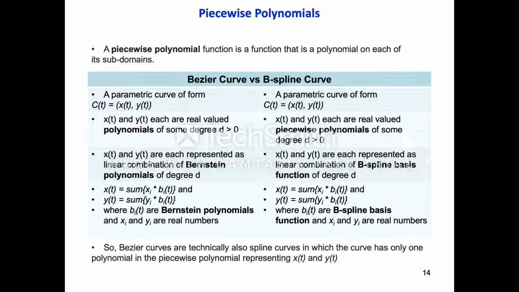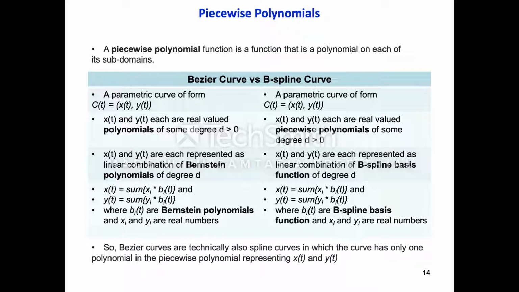For Bezier curves, x of t and y of t are each real valued polynomials of some degree d greater than 0, and for B-spline curves, x of t and y of t are real valued piecewise polynomials of some degree d greater than 0. For Bezier curves, x of t and y of t are each represented as a linear combination of Bernstein polynomials of degree d, and for B-spline curves, x of t and y of t are each represented as a linear combination of B-spline basis functions of degree d.